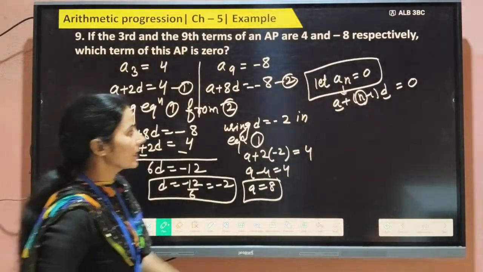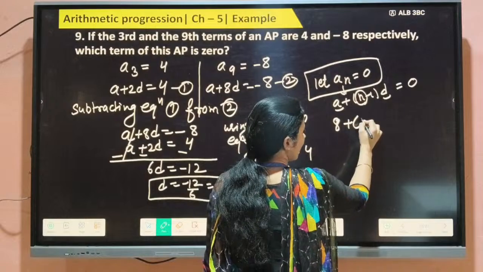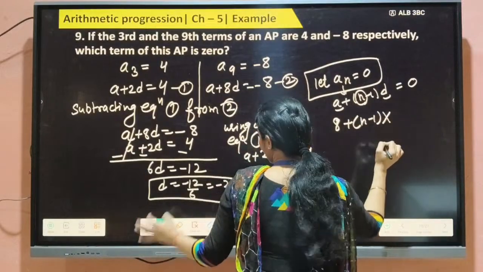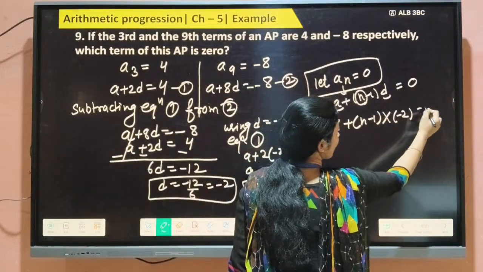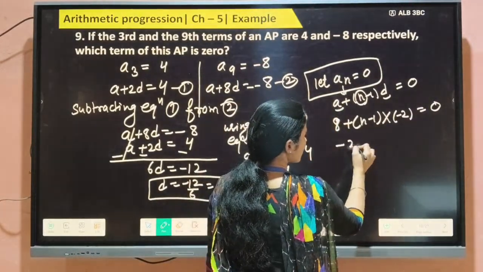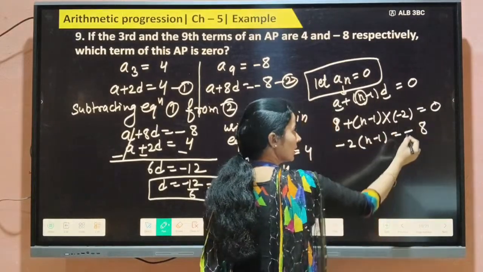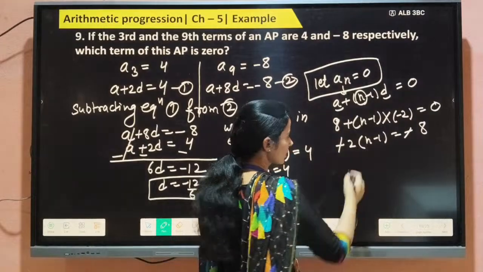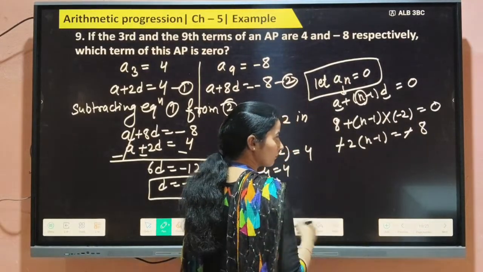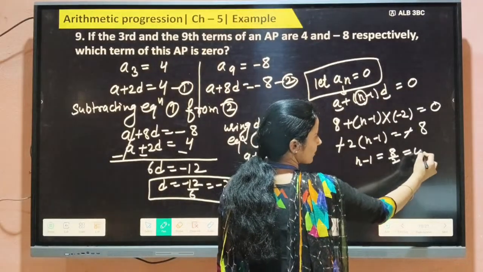Now use this a and d there. A value is 8, n minus 1 as it is, and d value is minus 2 is equals to 0. So it will be minus 2 into n minus 1 equals to minus 8. This minus 2 minus will be cancelled. Transpose this 2 from left to right side, then n minus 1 is equals to 8 by 2, that is 4.